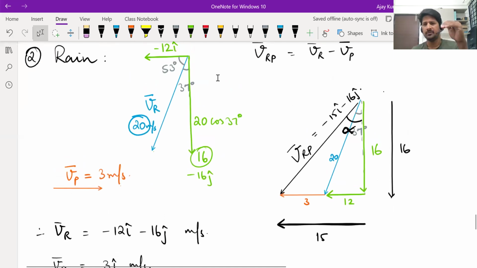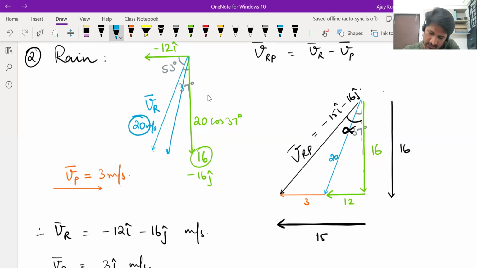Okay. Now see, person moved to the right. So relatively the rain velocity appeared to tilt to the left. Makes sense. Now think about the reverse, the other case. If person moves to the left, relative velocity of raindrops will tilt to the right, and tilting to the right means they may tilt a little bit like this, or they may tilt sufficiently to become vertical like this also.